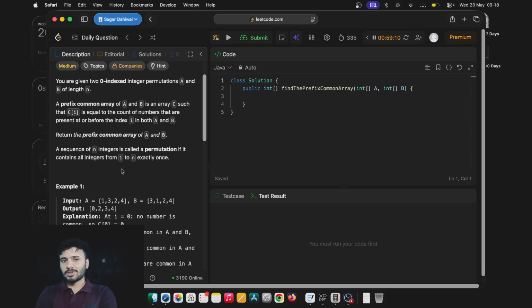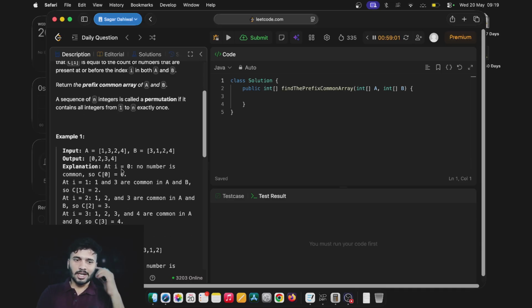I just read this question and at this point I didn't understand anything. But let's see with the example.